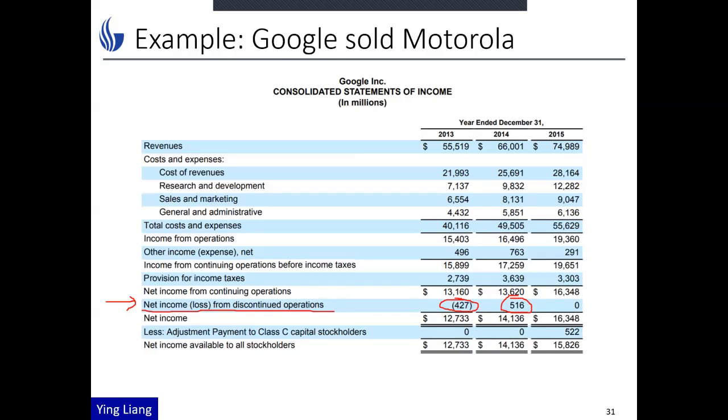So we don't see it here, but it will show up in the notes below about how much the tax rate is, and the original loss is how much. Now plus the benefit, it comes to 427. And how do we come up with 516? Same.